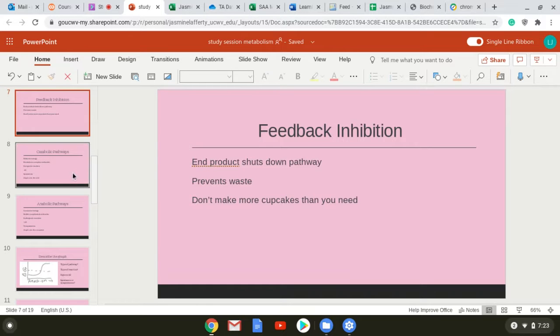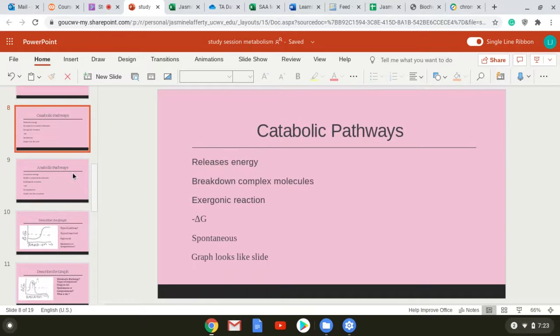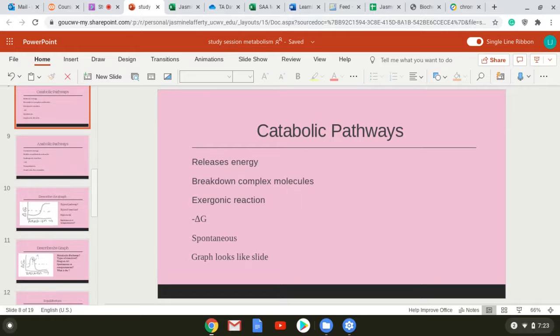Okay. All right. Now we're going to go to catabolic pathways. So what you need to do to memorize the difference between catabolic and anabolic is you need to make charts. And make a chart that has 1, 2, 3, 4, 5, 6.